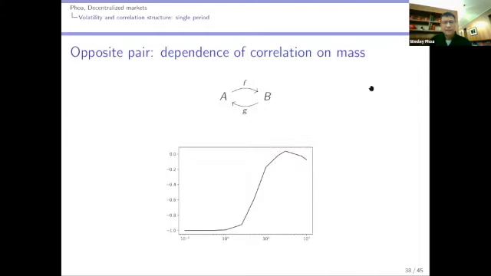If you've got an opposite pair of arrows, if there's no arbitrage, then the exchange ratios are perfectly inverse. And so you can have arbitrage, and the shocks to F and G should be negatively correlated. And again, that's dependent on mass. The lighter the arrows are, the bigger the negative correlation, because intuitively it's easier to close the arbitrage.